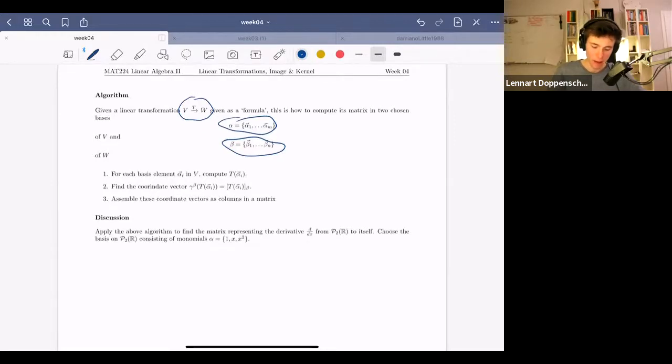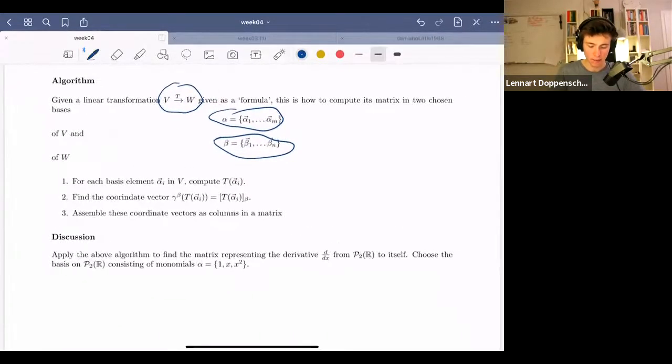The first step in this algorithm is, for each element in the basis in the domain, each alpha i, we want to apply the transformation. And I'm assuming here that the transformation is given as some formula. So what you need to figure out in each case is what does it mean to apply T? And that will depend on the exact example. We're going to have a discussion in a second where you can see what I mean by this.